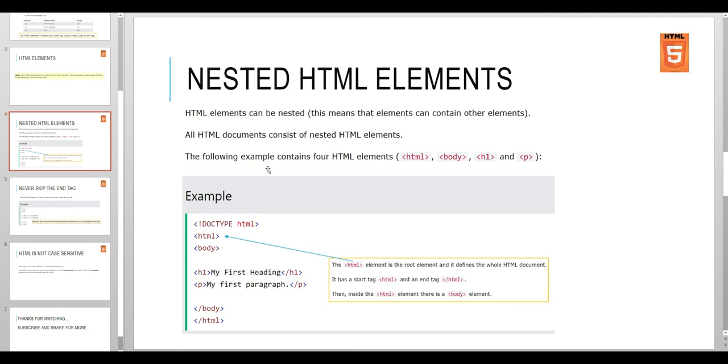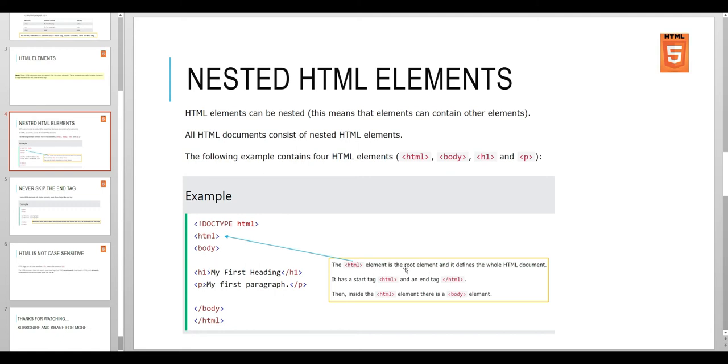The following example contains four HTML elements: html, body, h1, and p tag. So we have html, body, h1, p, body, and html. The interesting thing here is the html tag is at the start, and the closing tag is at the end, and all other tags like body, h1, p, they are inside it.